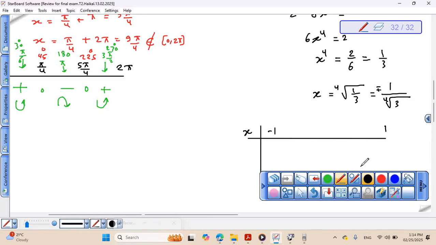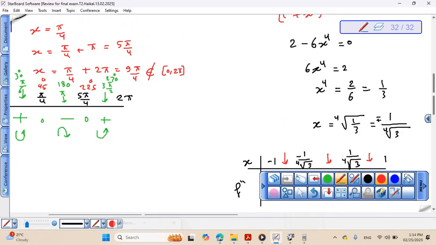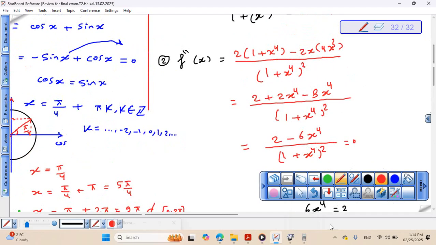Here -1 over the fourth root of 3, and here 1 over the fourth root of 3. This is the second derivative. Here 0, also here 0. We can choose a checkpoint between them, and a checkpoint here and a checkpoint here to study the sign of the second derivative. What is the second derivative equation here, as you see?